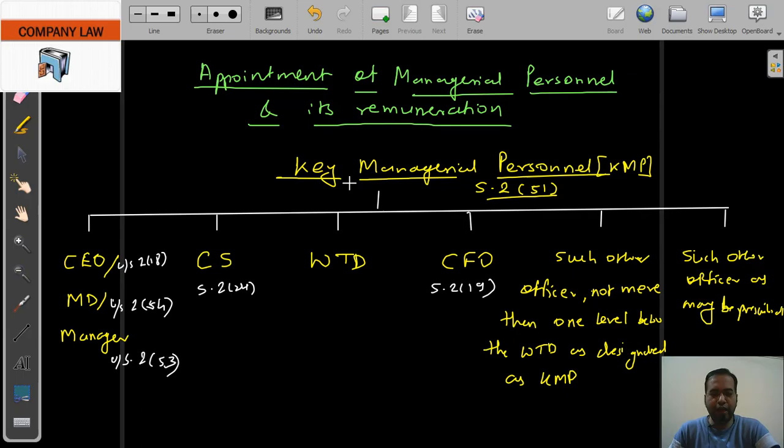Now who is the whole-time director? The whole-time director is defined under section 2 subsection 94 of the Act. It includes a director in the whole-time employment of the company. So the whole-time director is in whole-time employment of the company, who may have a kind of agreement with the company for being in whole-time employment.